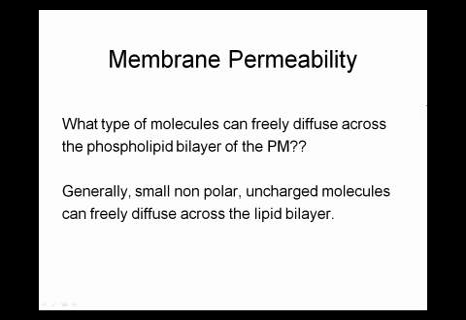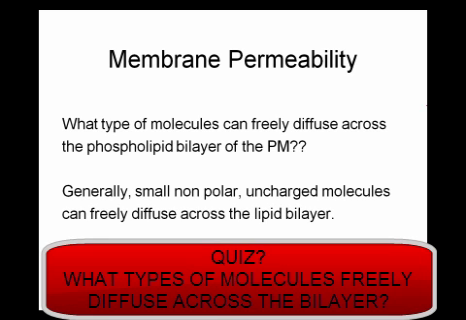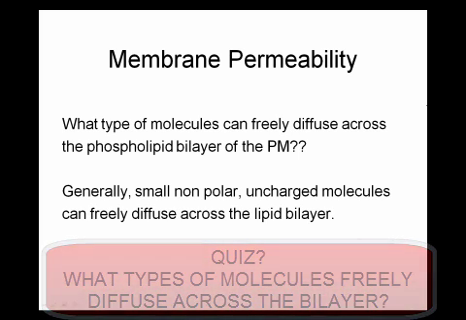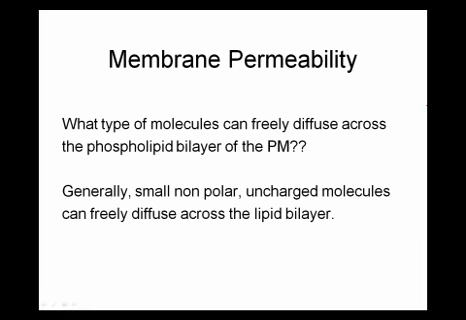Generally, small, nonpolar, uncharged molecules can freely diffuse across the lipid bilayer. So if we have a concentration difference, a concentration gradient on opposite sides of the phospholipid bilayer, these small, uncharged, nonpolar molecules can freely cross the membrane.